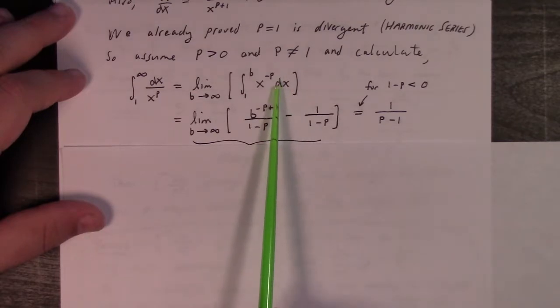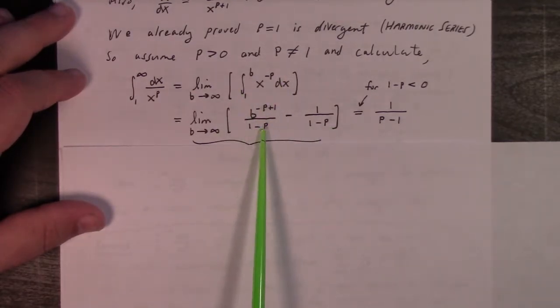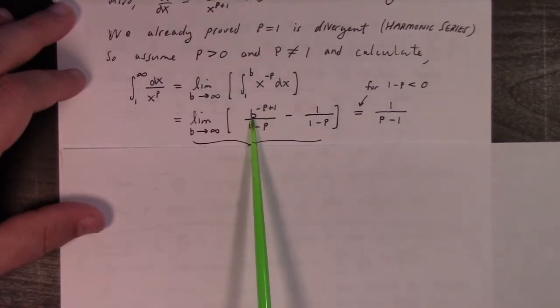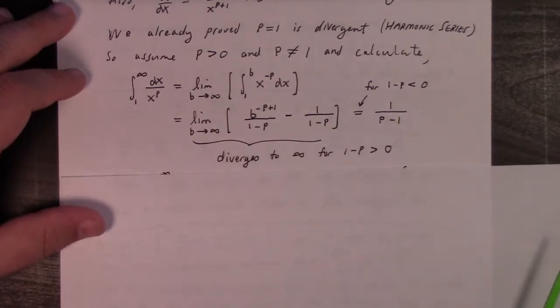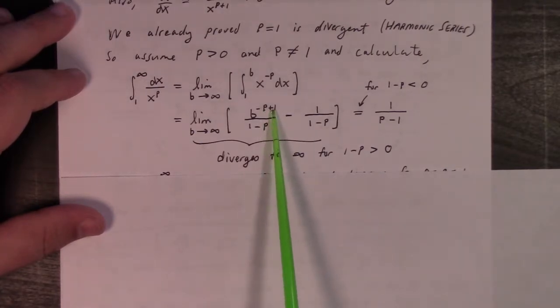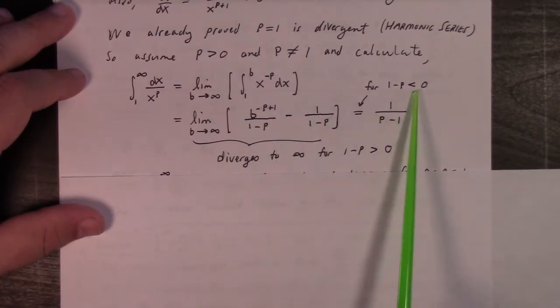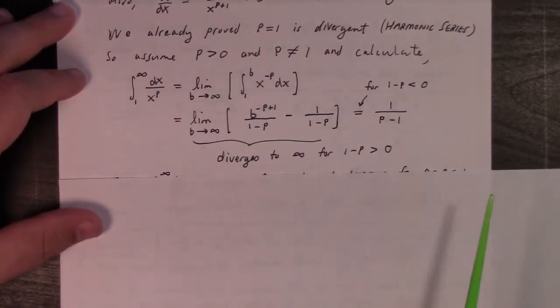This is just the usual power rule for integration, and then we evaluate at b and at 1. Now, as b goes to infinity, this piece dies, and we're just left with 1 over p minus 1. On the other hand, this is assuming that 1 minus p is less than 0. If 1 minus p is greater than 0, then this piece blows up, and we get divergence, right?